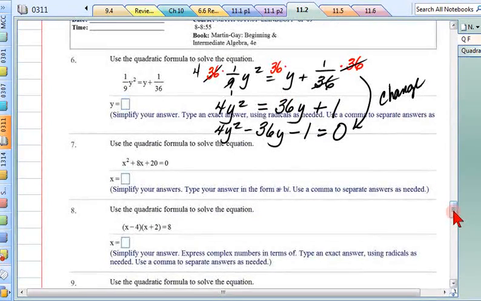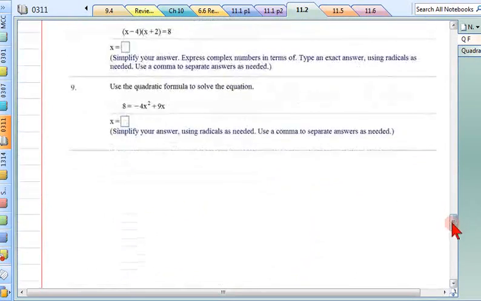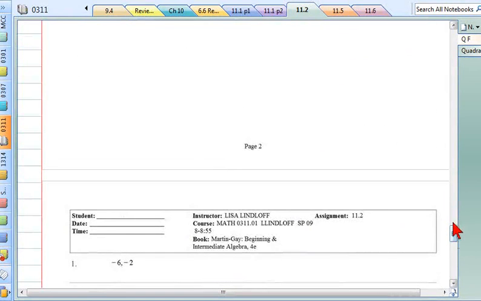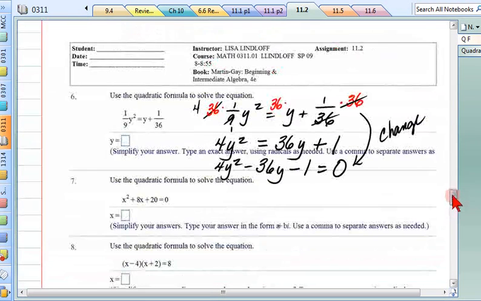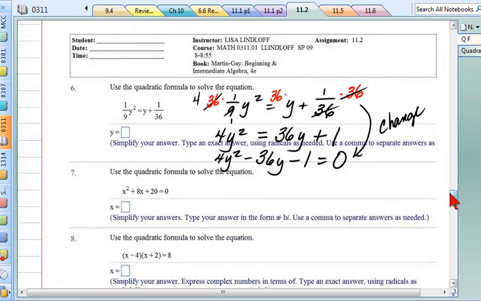All right, let's look at number 7. Put it down here. After that, do the problem. So you'd have to do that before you could get going.